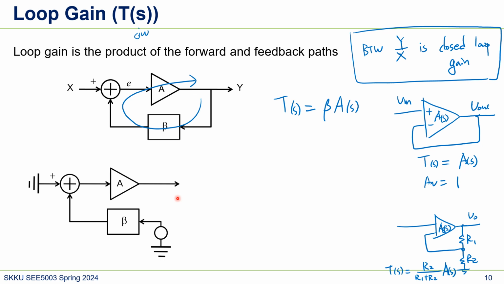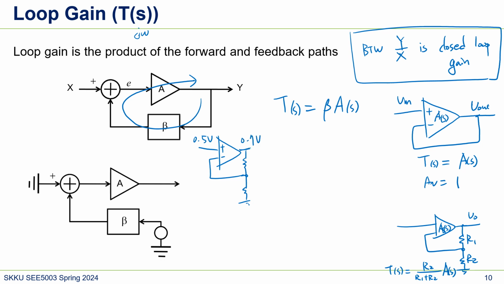Assuming that this is an amplifier, and let's say the input is like 0.5 volt and the output is 0.7 volt.